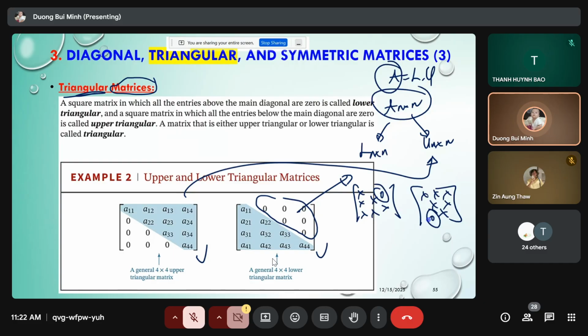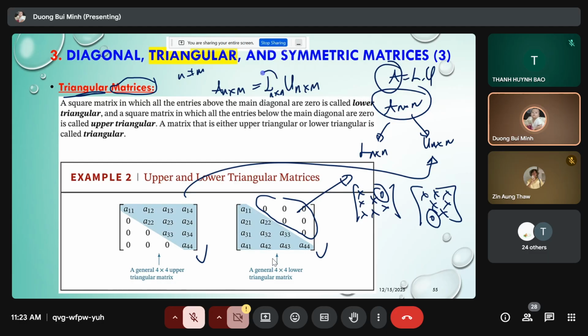Or if A is not a square matrix, A is n by m with n different from m, you can get L times U, where L is n by n and U is n by m.